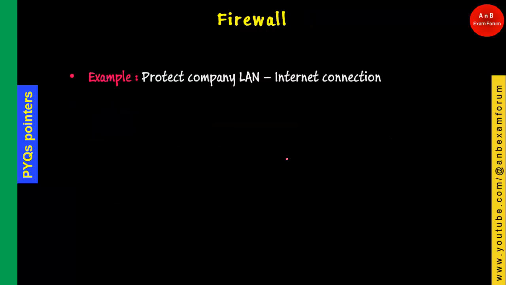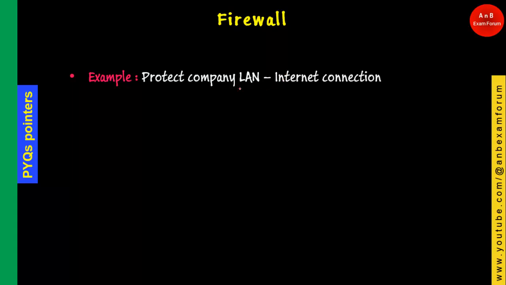Coming to the next, the firewall. The main example is that suppose you are working in a company and you want to protect your company LAN from the internet connection. Obviously, since the internet can introduce some virus into your LAN, you need to protect your LAN from malicious persons.